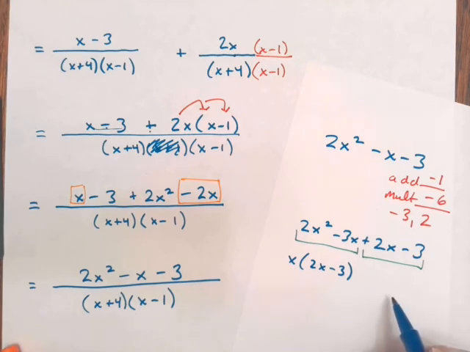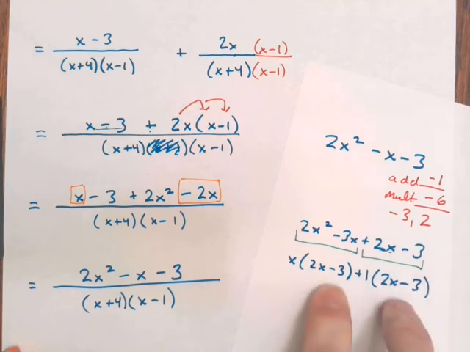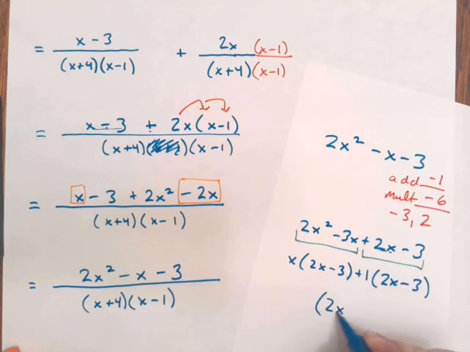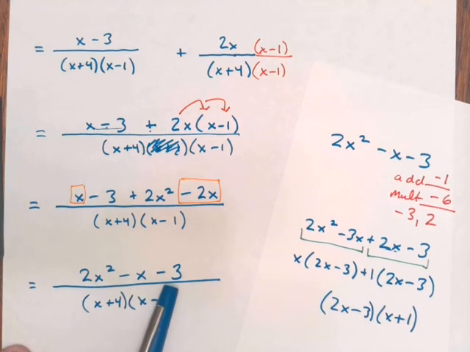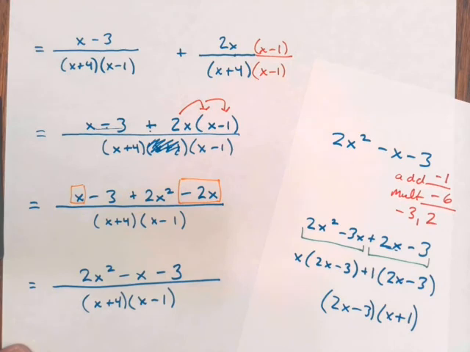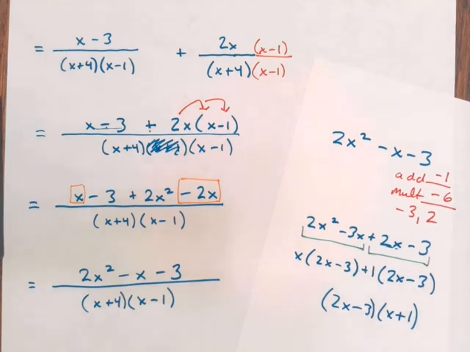So it's either going to be a positive or a negative 1. And this first term in the last group is a positive, so I'm going to factor a positive 1 out in front on that. I did get matching parentheses, so this does factor. So doing a little work off to the side, I can see that our numerator does factor into a 2x minus 3 times an x plus 1.